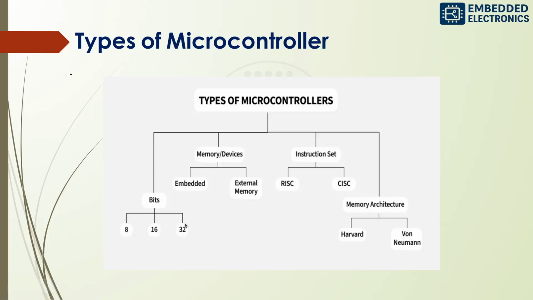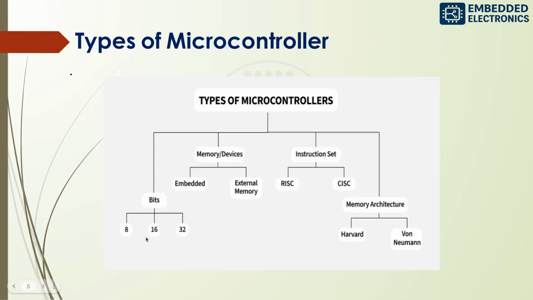But a 32-bit microcontroller uses 32-bit instructions for operations. In an 8-bit microcontroller, the ALU performs operations on 8 bits at a time. For example, the 8051 microcontroller, PIC1X.